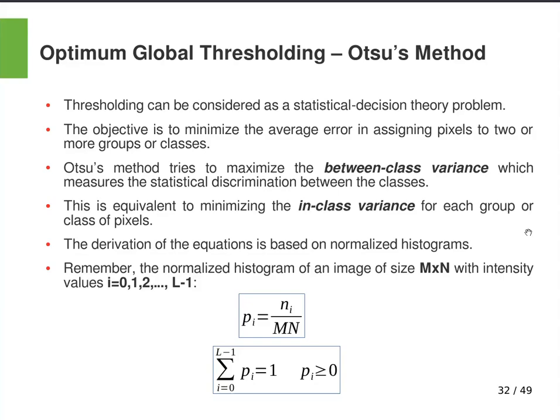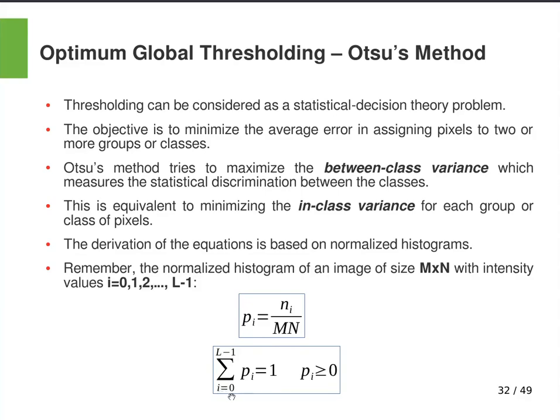The derivation of the equations here is based on normalized histograms, and if you remember from before, the normalized histogram of an image of size M by N with intensity values changing from 0 to L minus 1 is mentioned here. So p_i, which is the probability of intensity i, is n_i, the total number of pixels with intensity i, divided by M multiplied by N, which is the total number of pixels in the image.